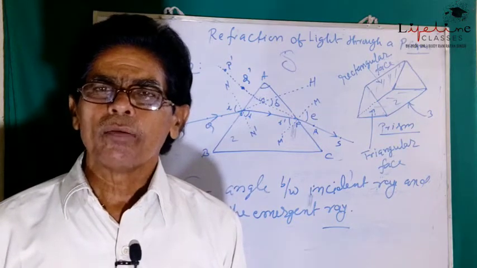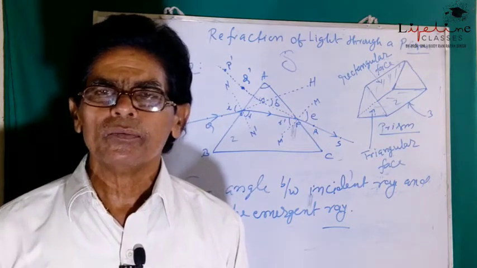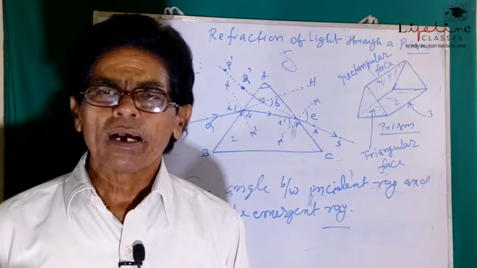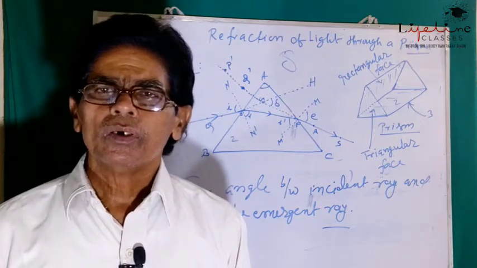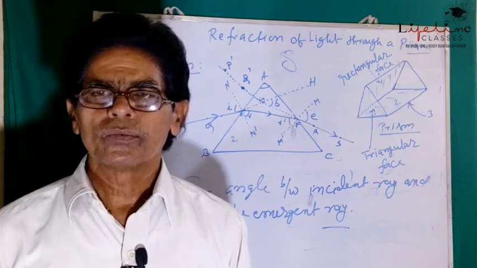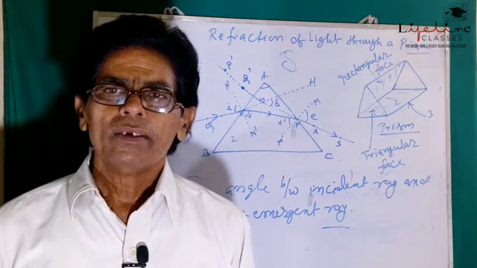In the case of refraction through the prism, different components of white light travel with different velocities. Why?